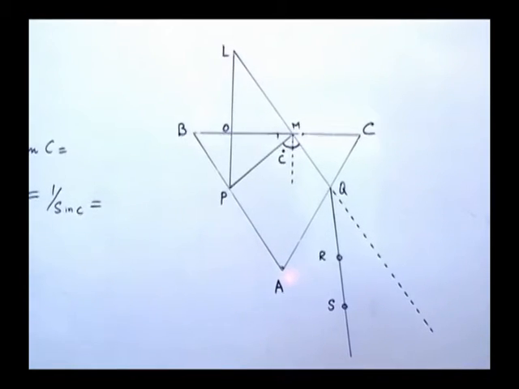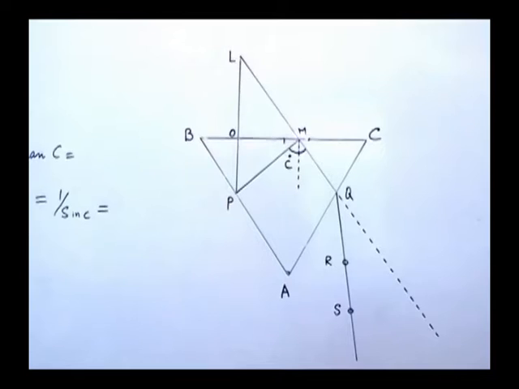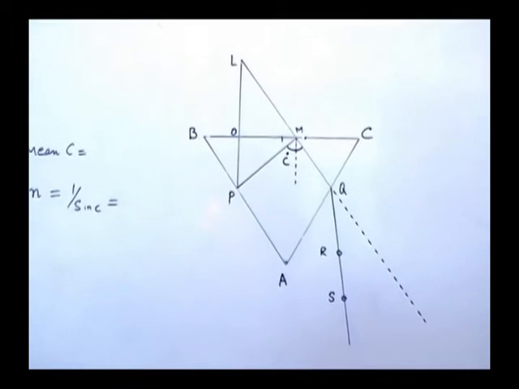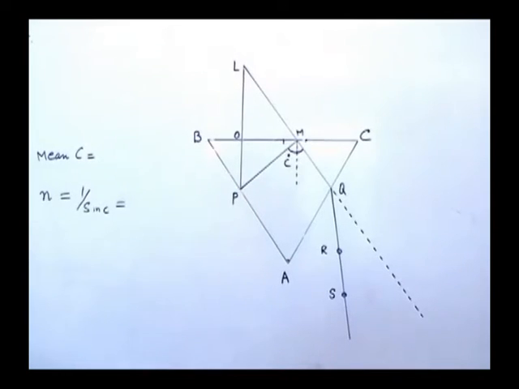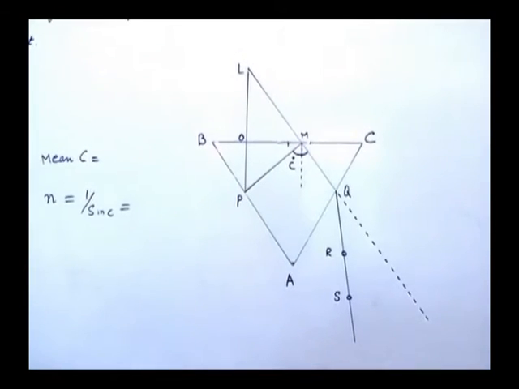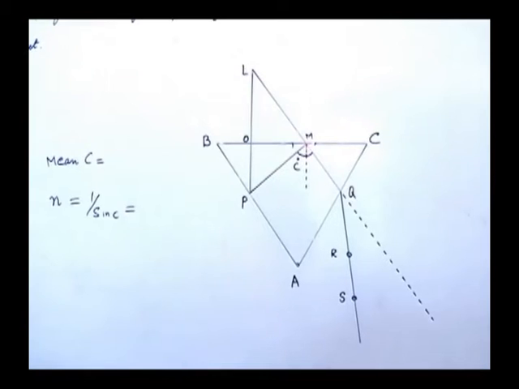The prism has boundary A, B, C and a pin at point P on the face AB. Now we look at its image.